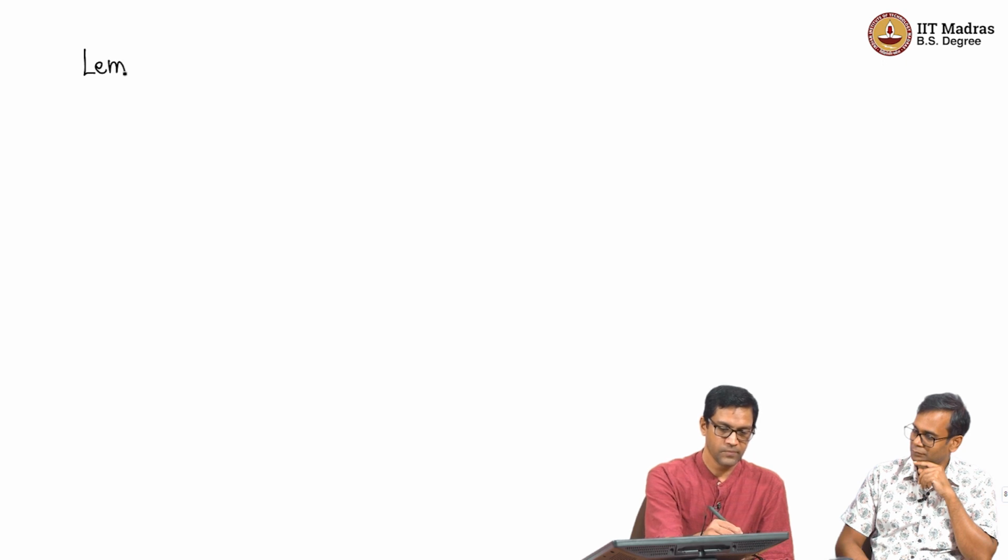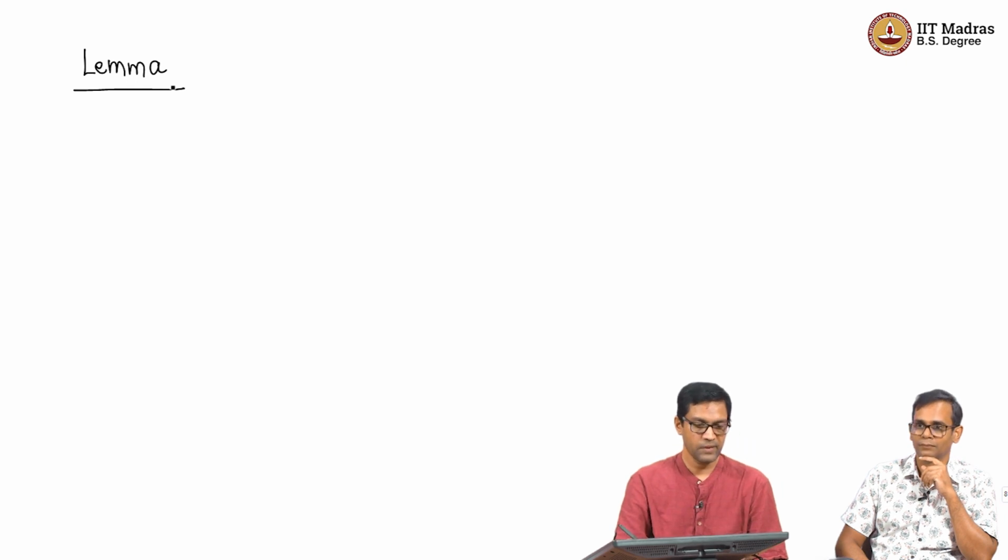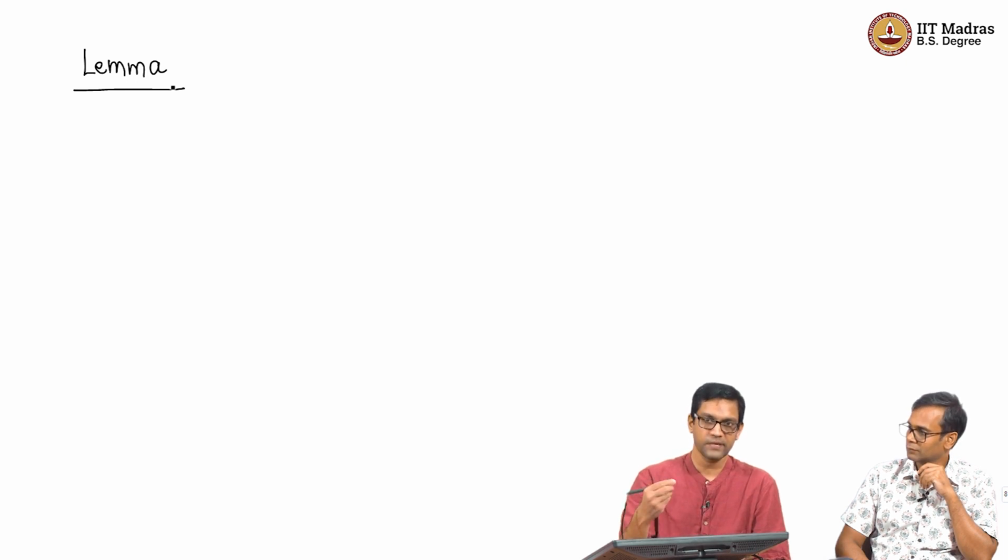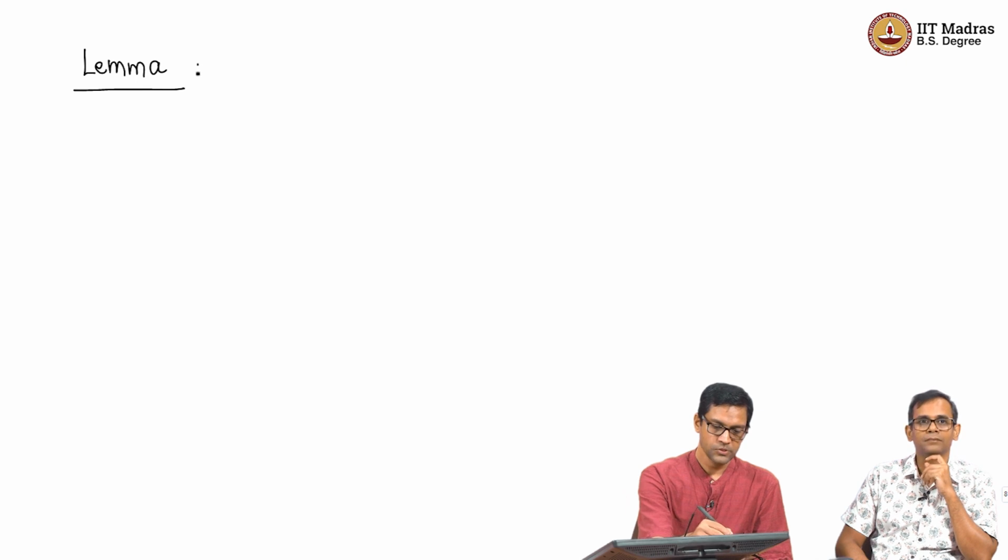Here's a little statement which we will call a lemma. A lemma is just a minor mathematical statement, a small statement which we can prove rather easily, but which often gets used again and again in larger proofs or bigger statements and so on. So here's a little lemma.